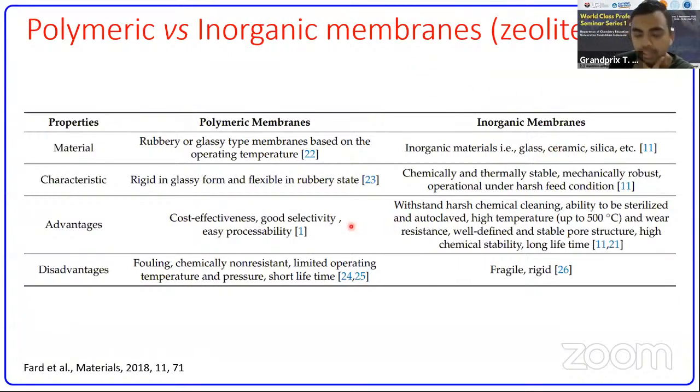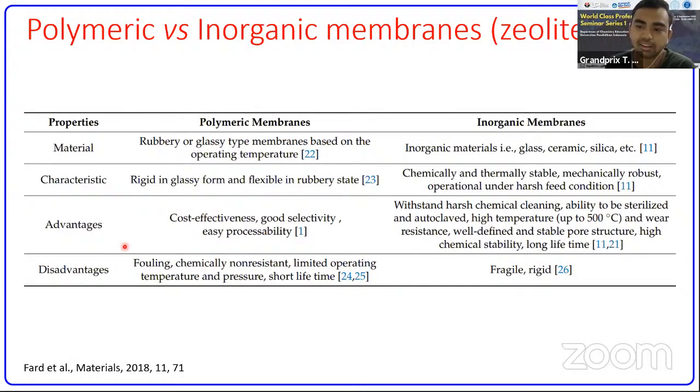For example, inorganic membranes, for example zeolite, have better separation performance. They have better permeability, and they have better selectivity compared to those of polymeric membranes. But on the other hand, they are fragile and rigid.